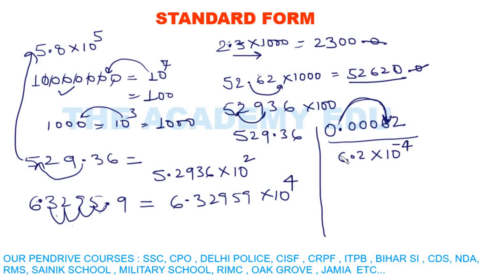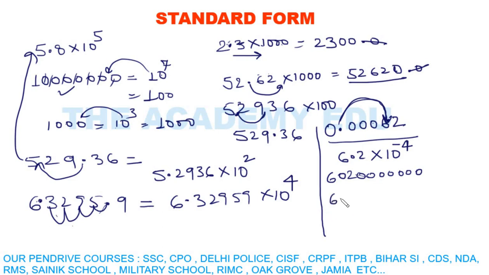Suppose we have a number, 602 followed by zeros, like this one. How can I write it in standard form?